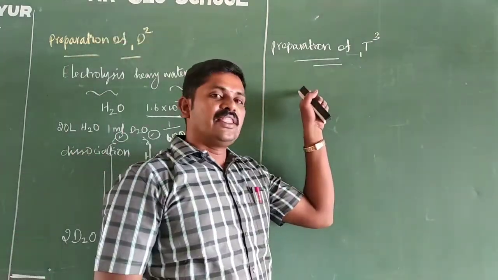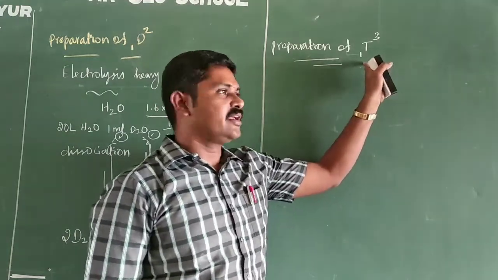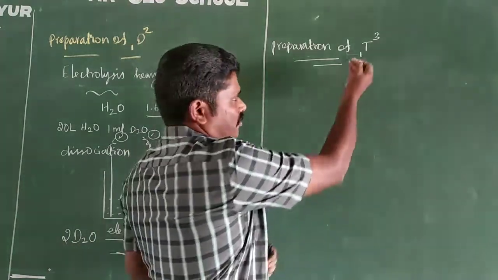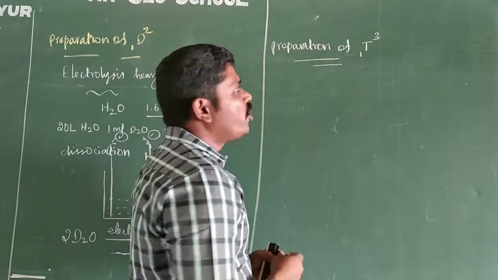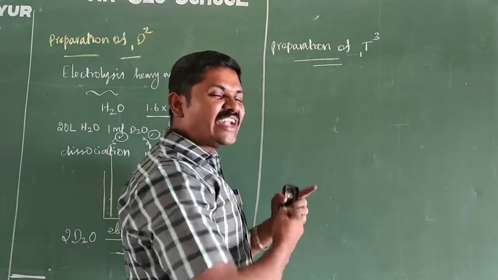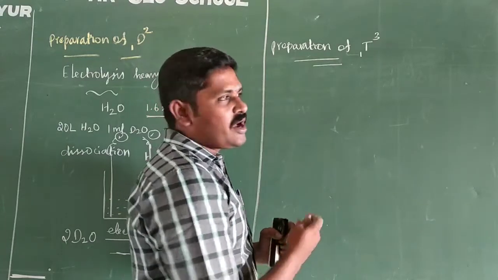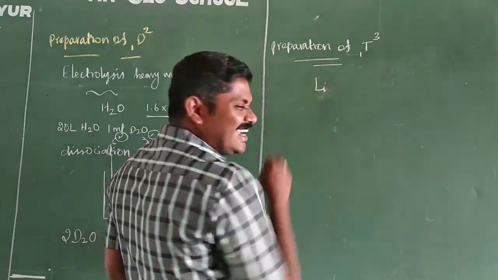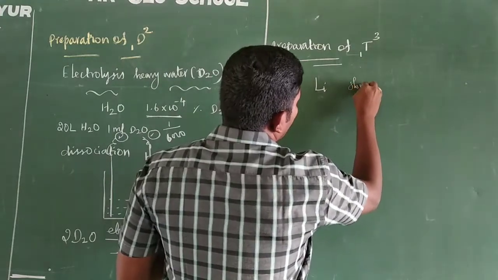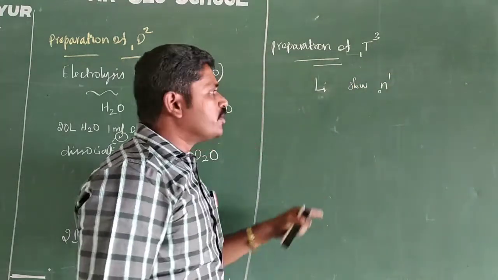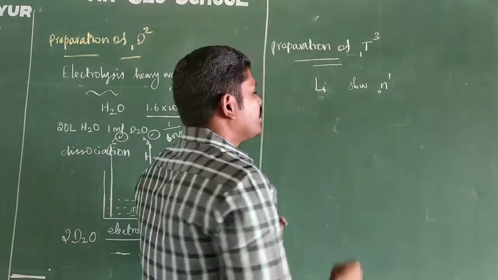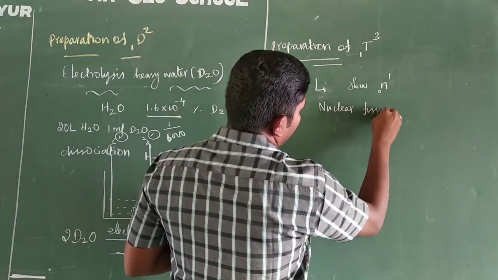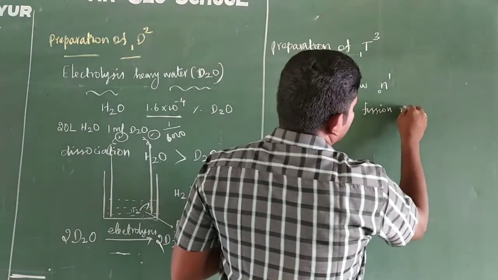Already you know that a trace amount of tritium is present in atmospheric hydrogen gas. So tritium is prepared artificially by bombarding lithium with slow neutrons in a nuclear fission reactor.